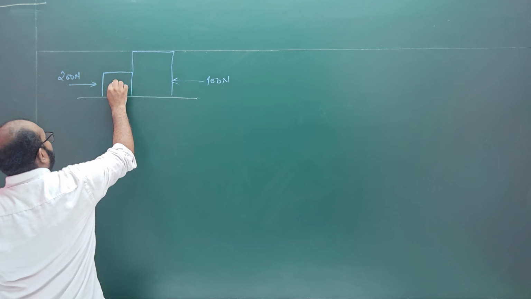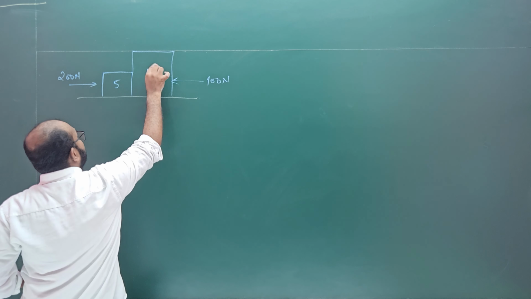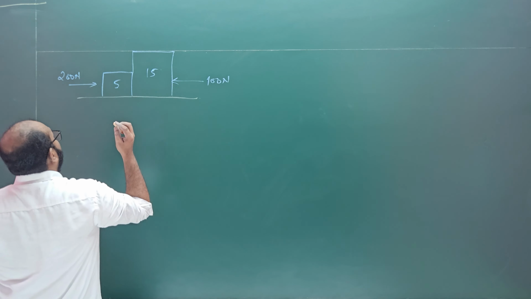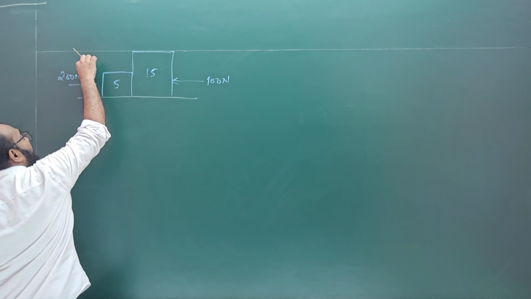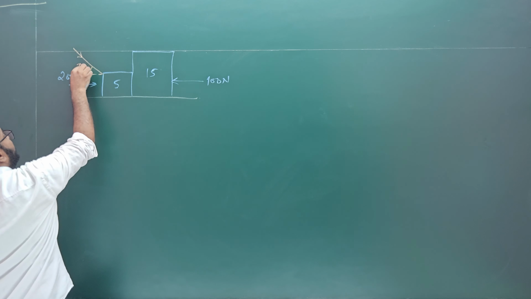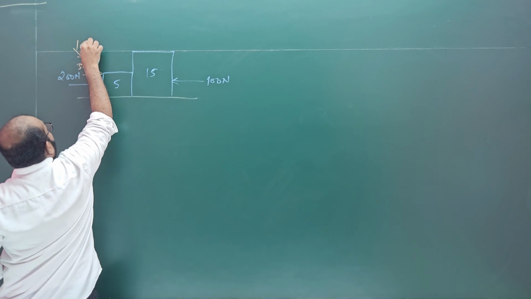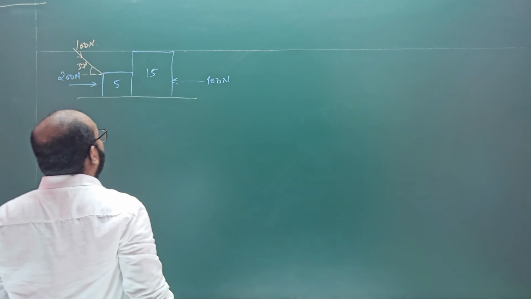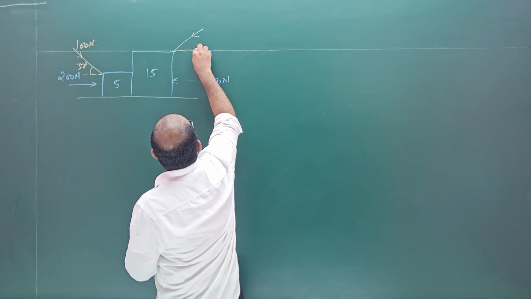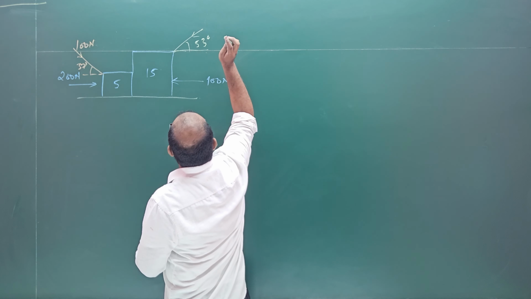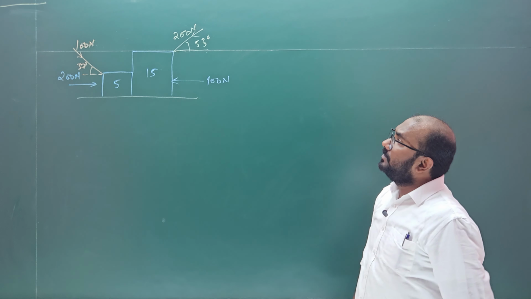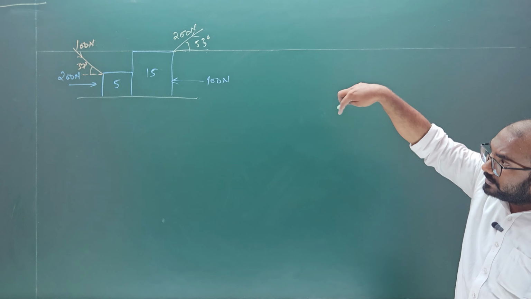This one has a mass of 5 kg and this one has 15 kg again, and add two more forces. Okay, then one force is acting in this direction, making an angle of 37 degrees. Let's say this one has a value of 100 Newton, and one more force is also acting on this body in this direction. Let's say this angle is 53 degrees and the force is 200 Newton. So 200 Newton of force is acting in this direction, 100 Newton is acting in that direction.